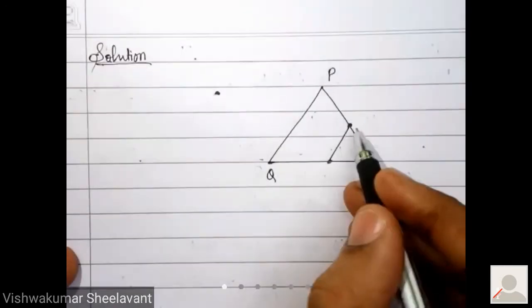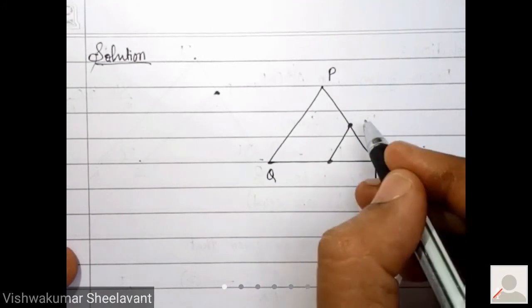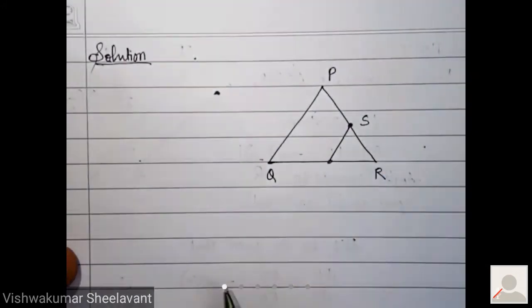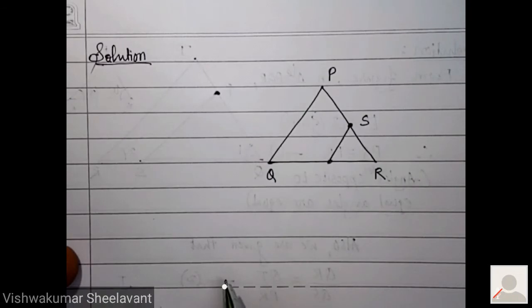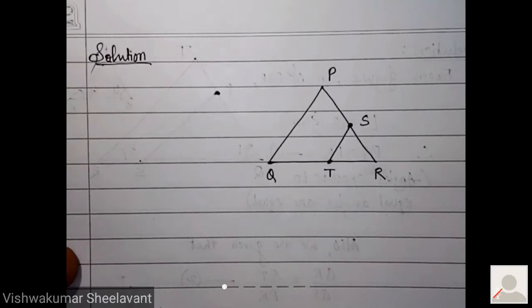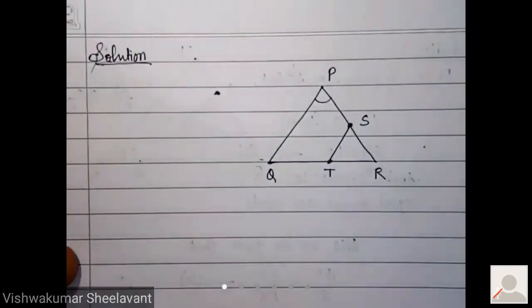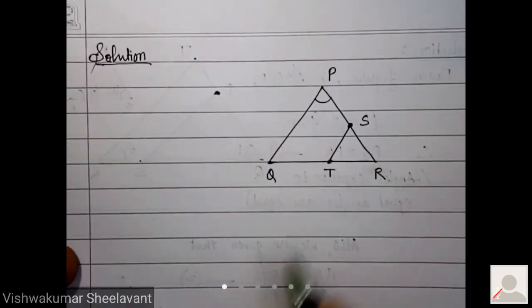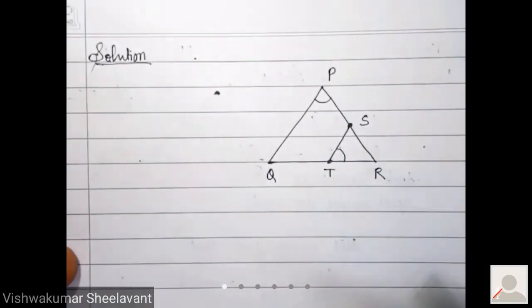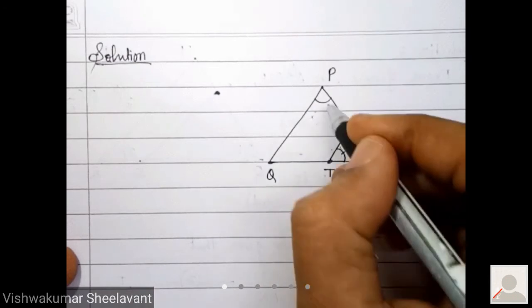What is this point here? On PR we are having S, yes. On QR we are having T. Angle P is equal to angle RTS. That means angle P here is equal to angle RTS. It is given to us. These two are equal angles.